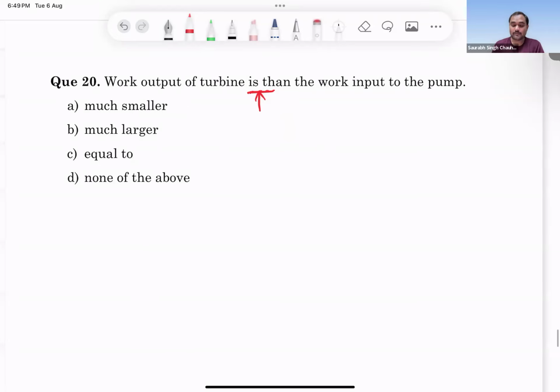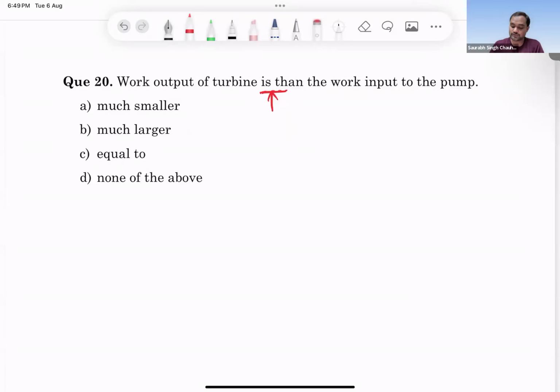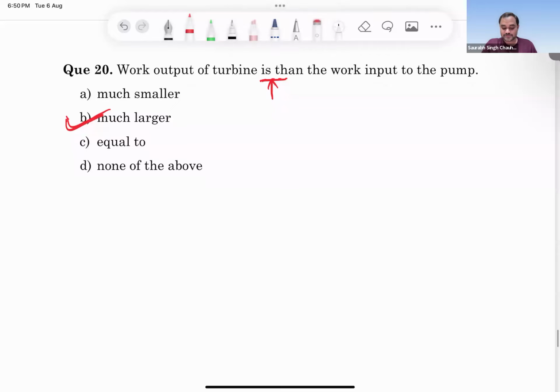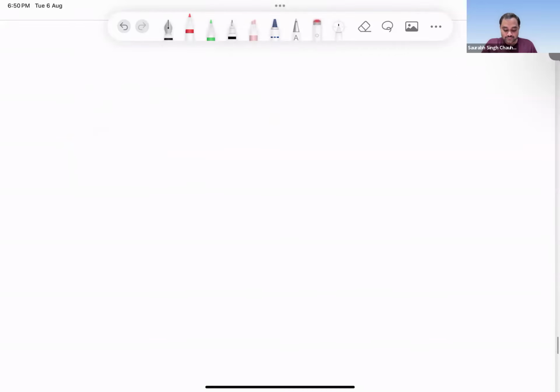In an actual power plant, the turbine output should be very, very large as compared to your pump work input. Then only you will get a significant amount of net work output. So this was question number 20.